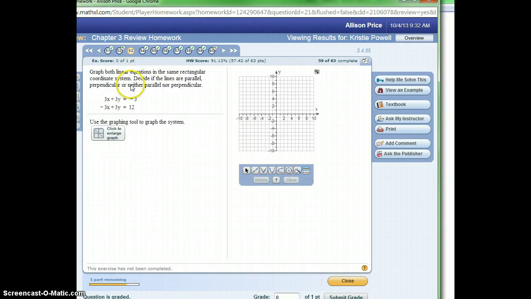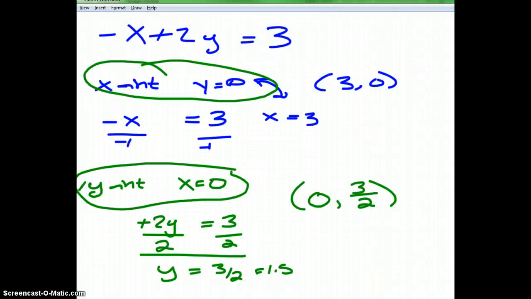Okay, here's one. Graph both linear equations in the same grid. Decide if the lines are parallel, perpendicular, or neither. Let me clear all of this and go back to those two equations.